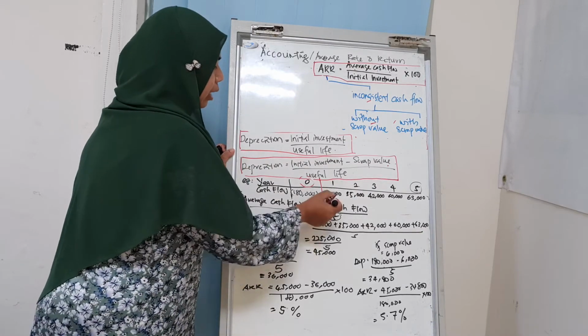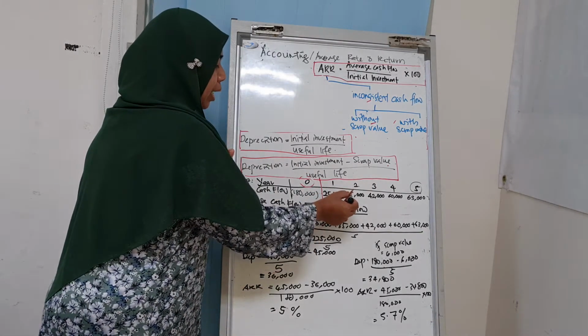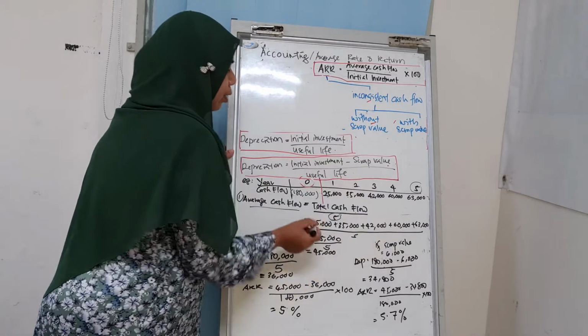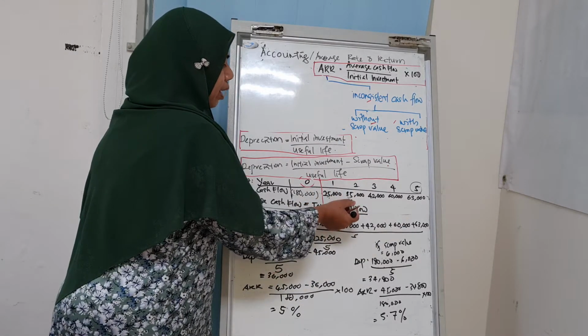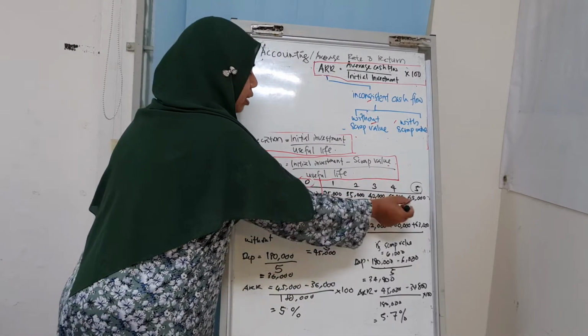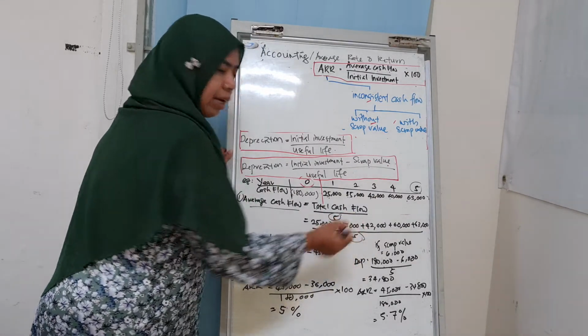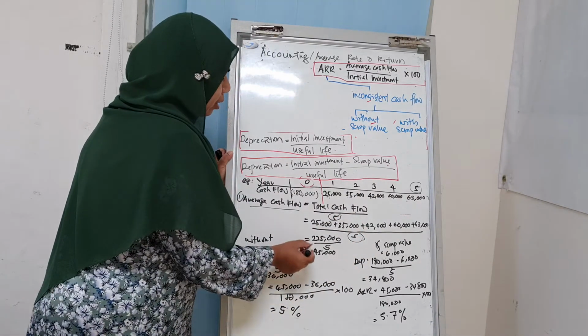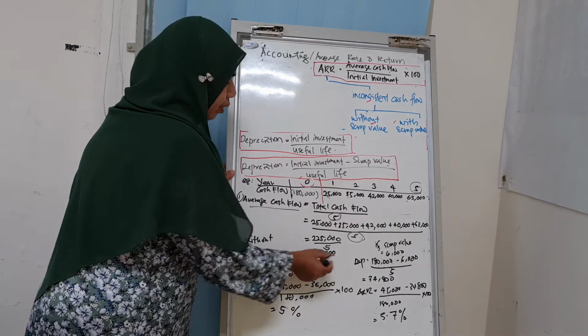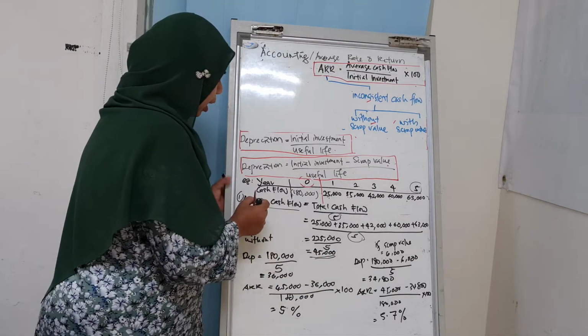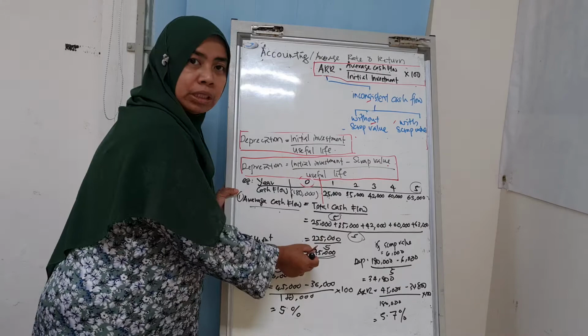So you add 25,000 plus 35,000 plus 42,000 plus 60,000 plus 63,000, and then divide by 5, right? Then you will get the answer 45,000. So the average cash flow is 45,000.